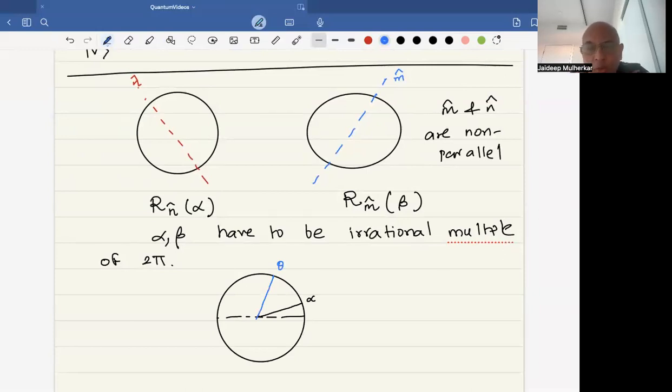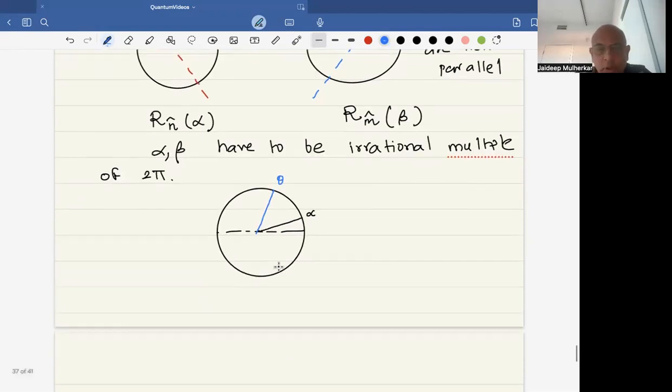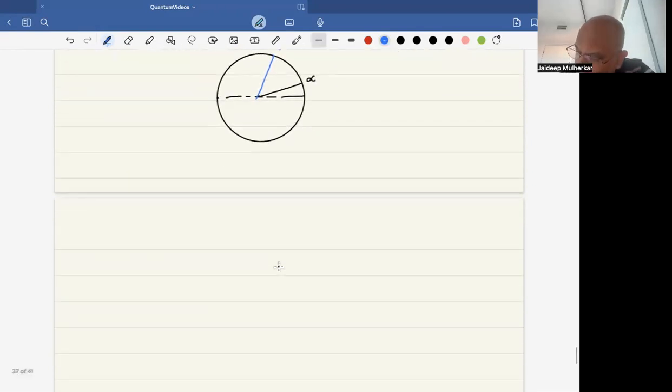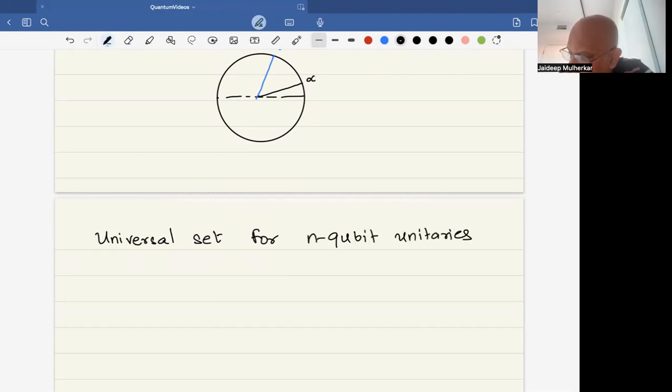And now let's move on to an arbitrary n qubit unitary. Once you have a universal set of single qubit unitaries and an entangling gate such as a CNOT gate, what does universality mean for n qubit unitaries?